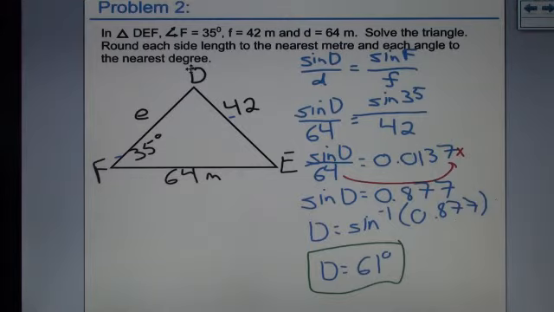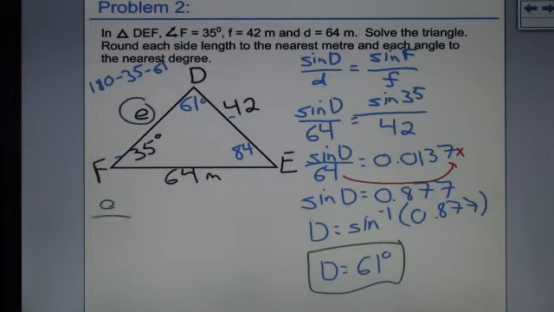Now at this point, if I know angle D is 61, I know angle E will be 180 minus 35 minus 61, and I would get 84. The last thing I need to do is solve for e.